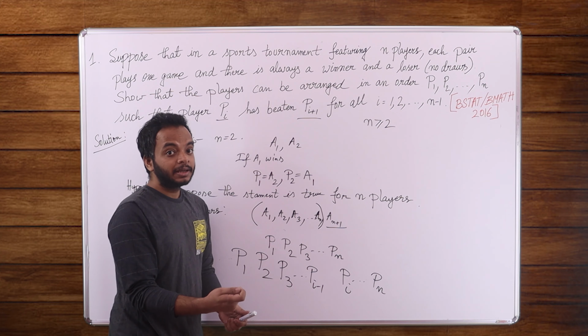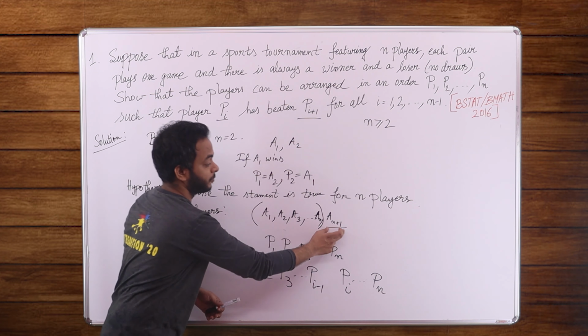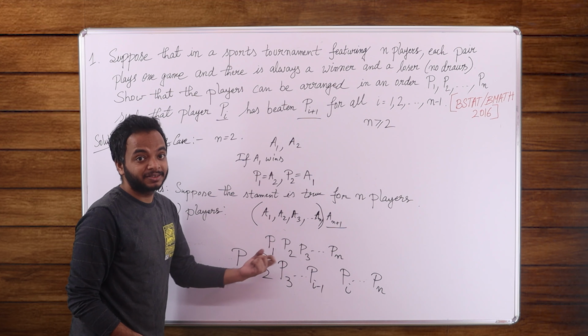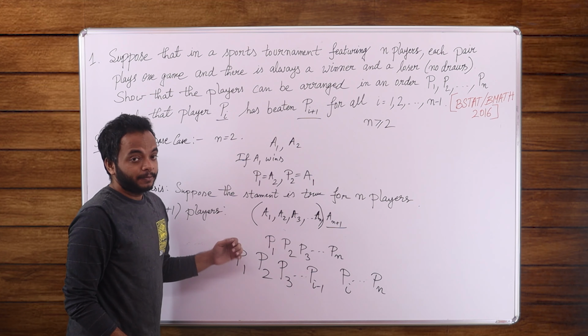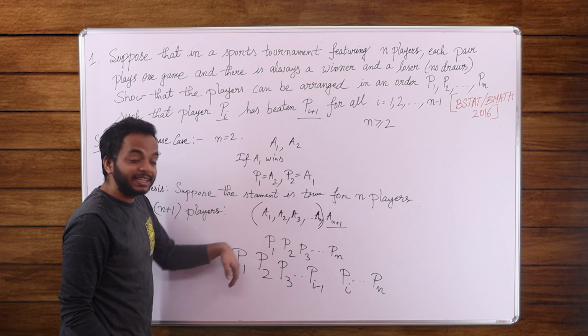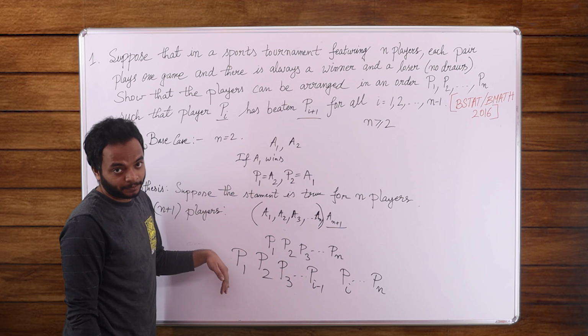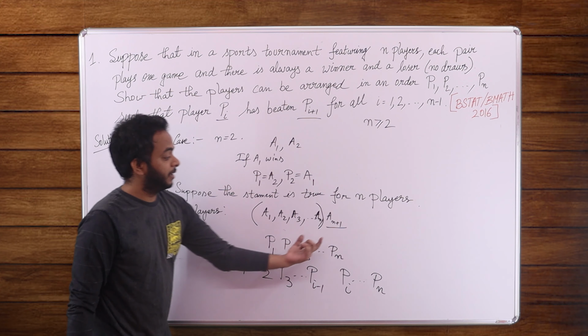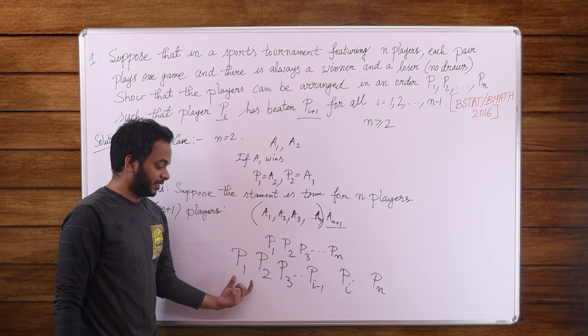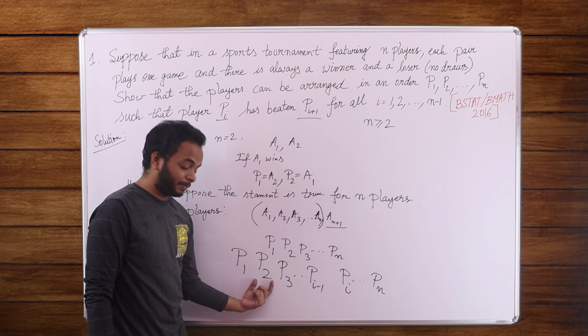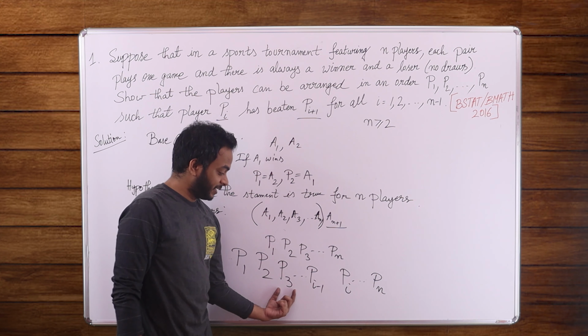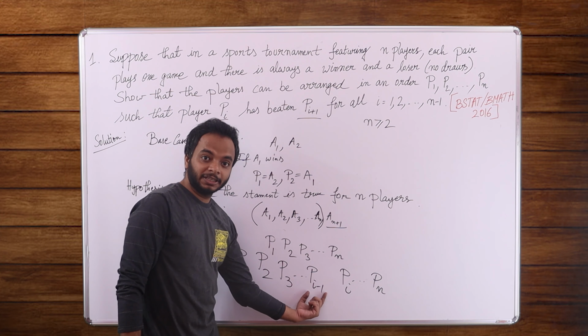If the answer for this n plus 1th player is no, no means I haven't defeated this ith player. So if n plus 1 says that no, I haven't defeated p1, no, I haven't defeated p2, I haven't defeated p3, I haven't defeated pi minus 1, but yes, for the first time it says that yes, I have defeated pi.